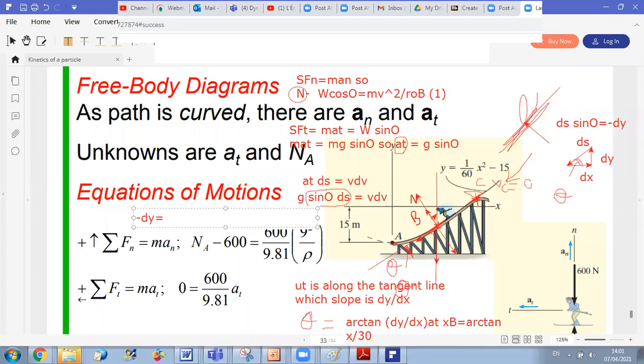equals v dv. Now if you know a boundary condition, you can integrate the first side with respect to y and the second side with respect to v.